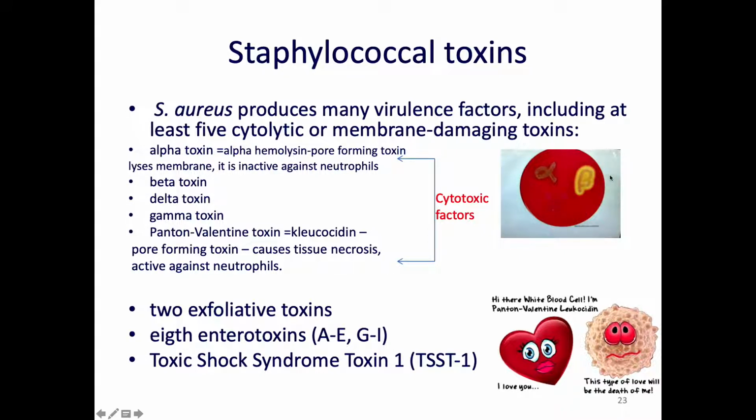Beta toxin destroys the blood cells completely. This is why around the colony we see a yellow transparent halo, and gamma toxin does not give us any halo on the blood agar.